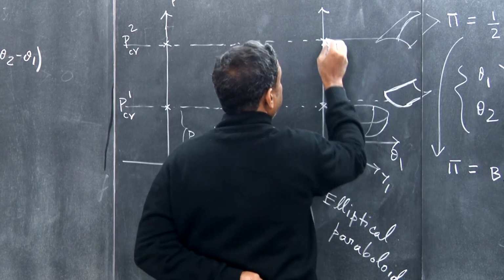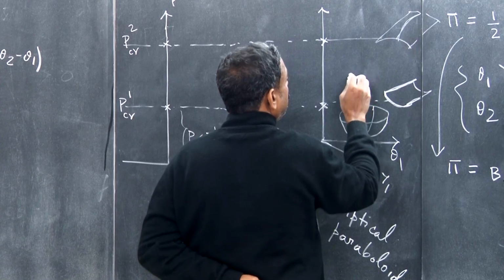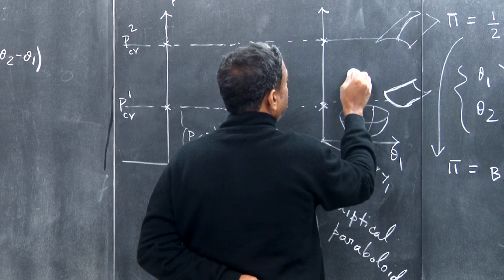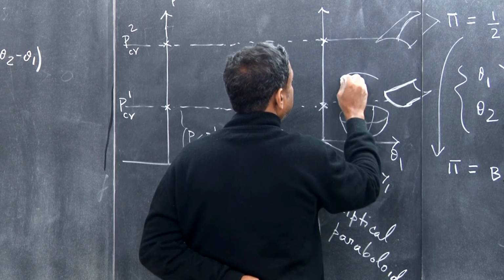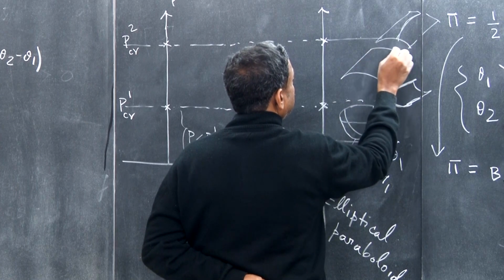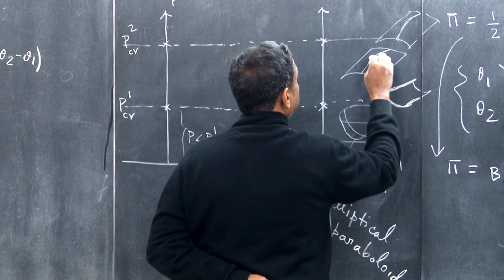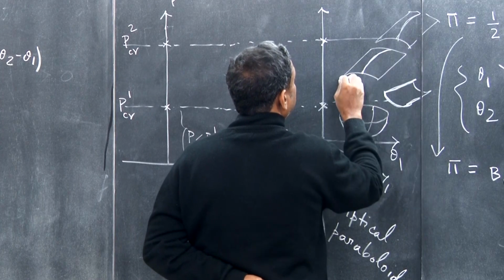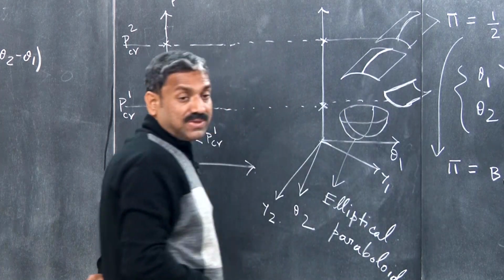Okay, and in between here, between this and this, it will be something like this, you know, unstable. So it will be something like this here, something like this here, and this is also convex, this is also convex. You see that?